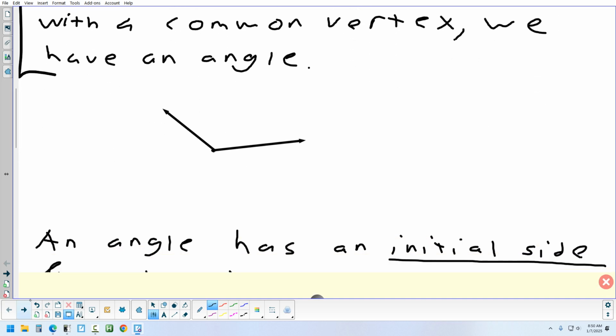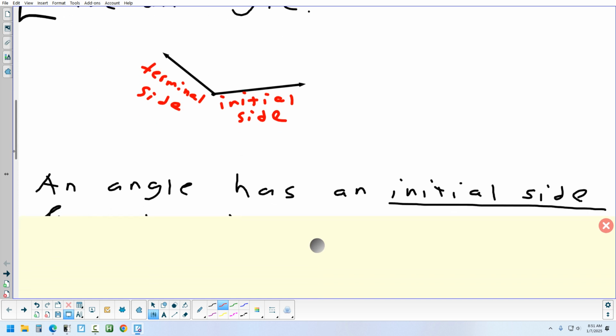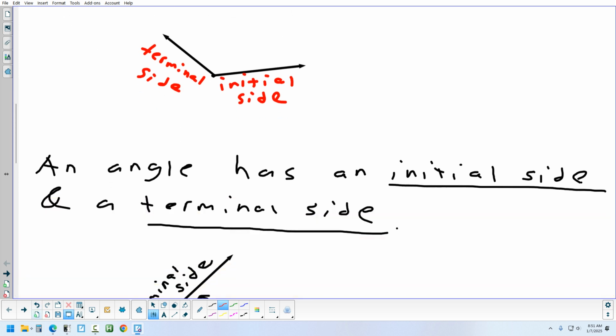So we're going to name each side of that angle. Okay, this side is called the initial side. And the other side is called the terminal side. Right, so the initial side and the terminal side. The way that you know which side is which is if you are standing like right there between the two rays, you rotate counterclockwise.